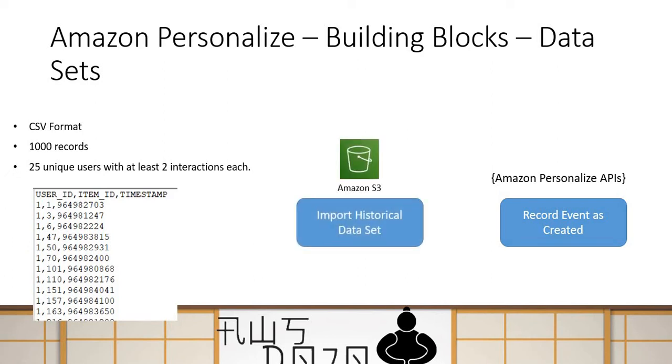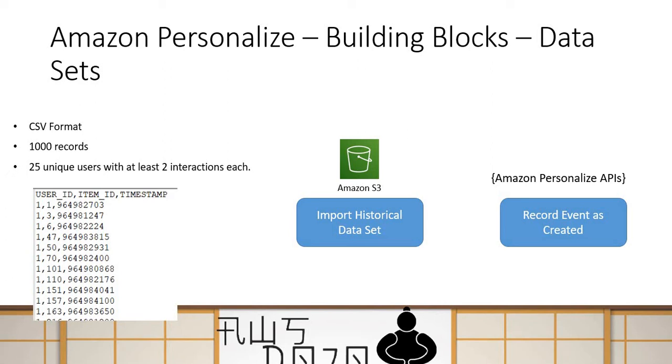And the other way could be that you use some historical data. So suppose you say, you know what, I already have the CSV file somewhere, right? Then you can upload this CSV file into your S3 bucket and simply use it.